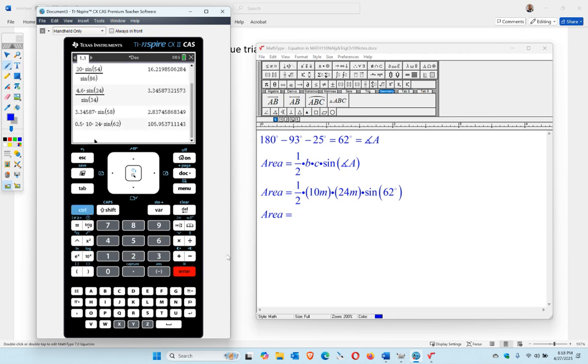So we got 105.95, that's close enough. 105.95 dot dot dot, and that's going to be approximate. And that is going to be meters to the second power, because meters times meters is meters squared, which is also an area.